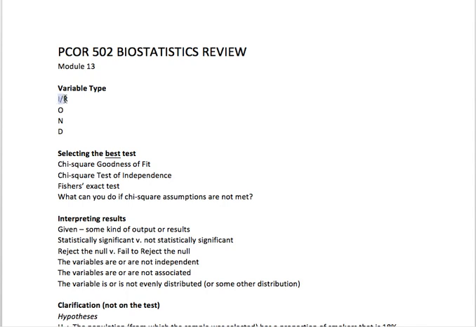And then on the other hand, interval and ratio are the continuous variable types. And for the purposes of this class, we don't make a distinction between them because it doesn't make a difference in terms of what test we are selecting, what type of statistical analysis we would run. There is a difference between them, but we consider both of them to be continuous variable types.